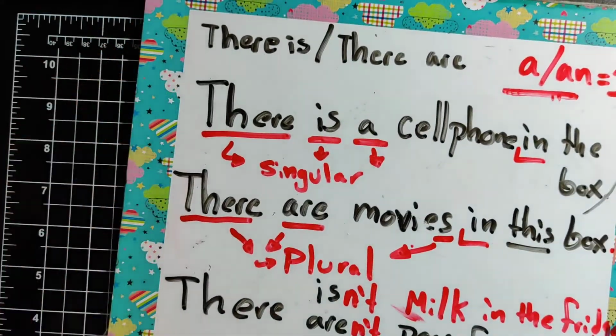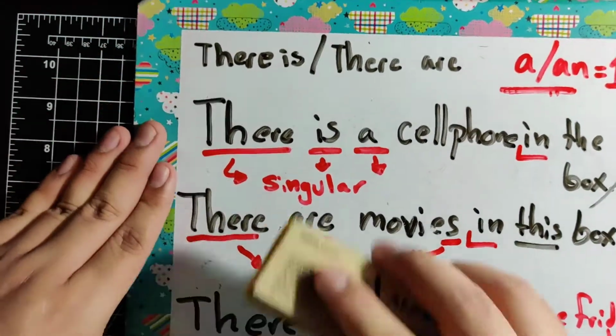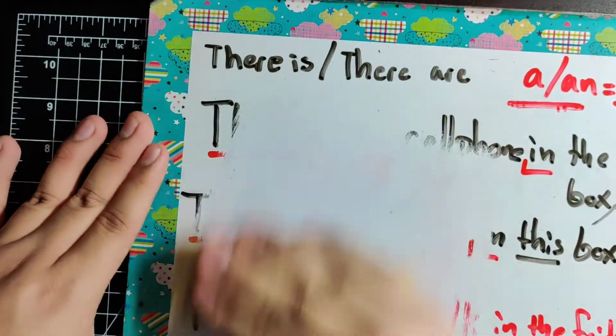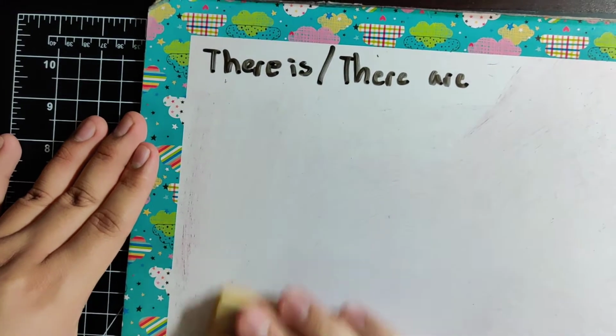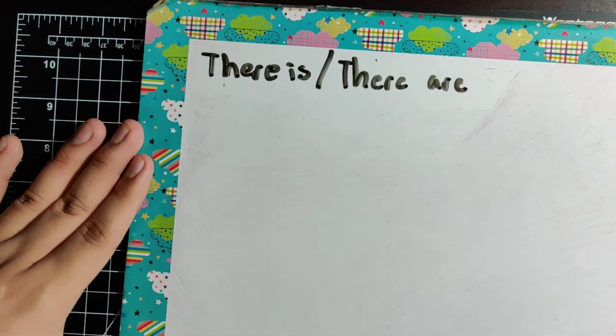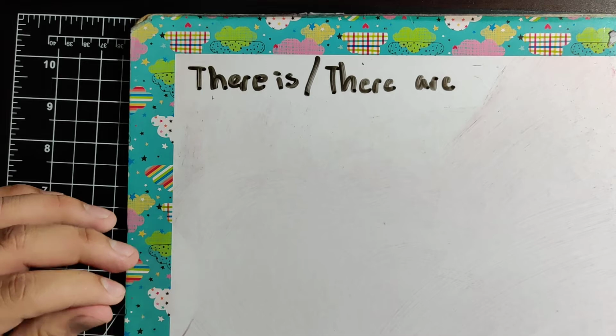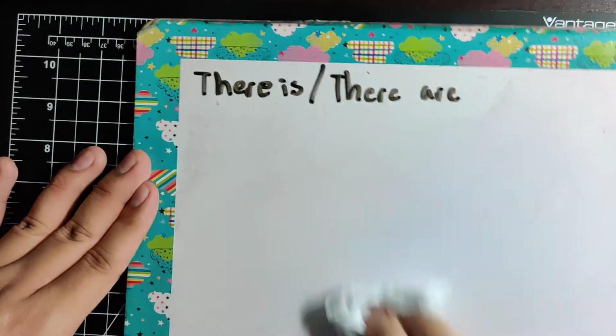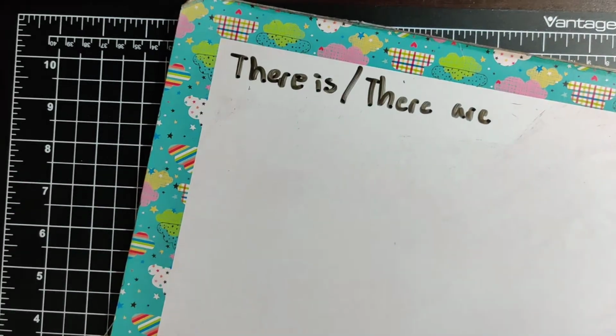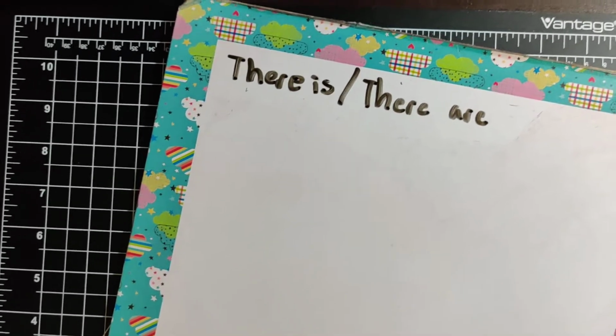Now, we're going to be also using questions. I'm going to be honest. There is and there are mainly used for questions. Now, give me a second while I clean this up like always. And what do I mean?